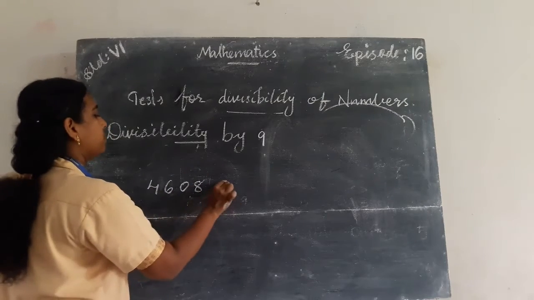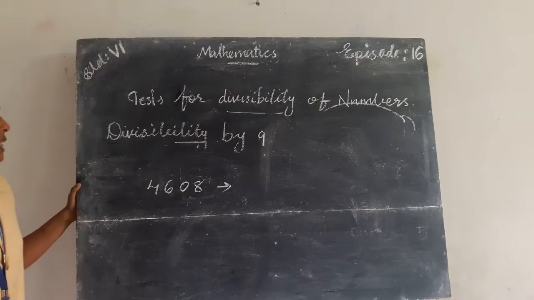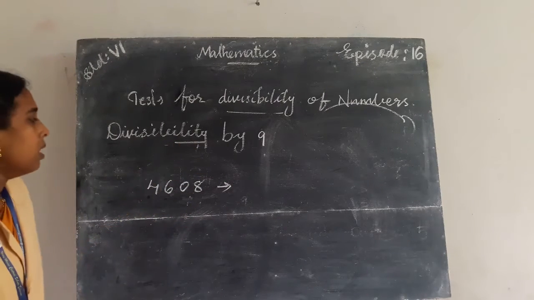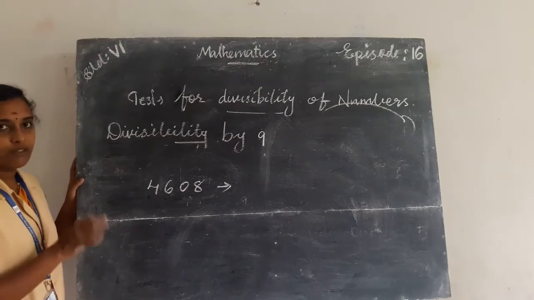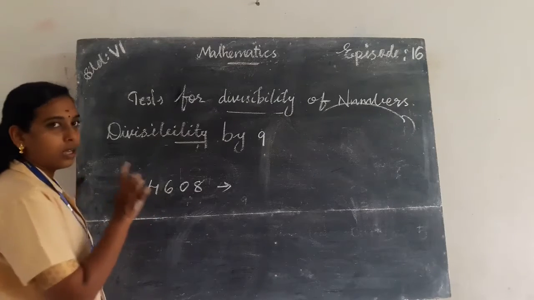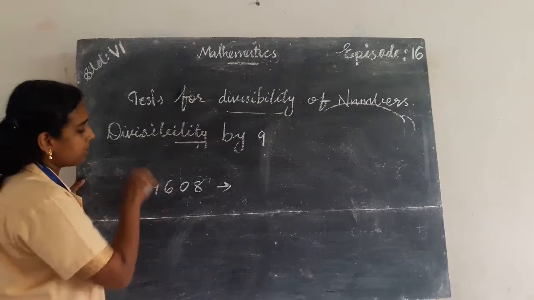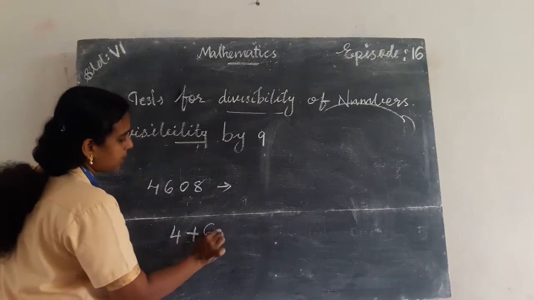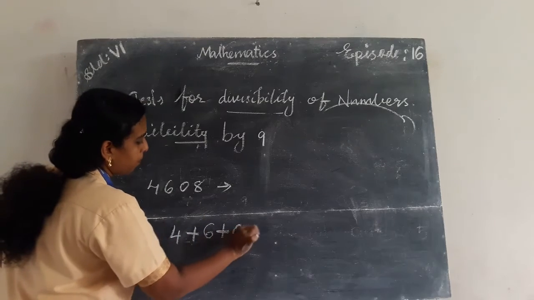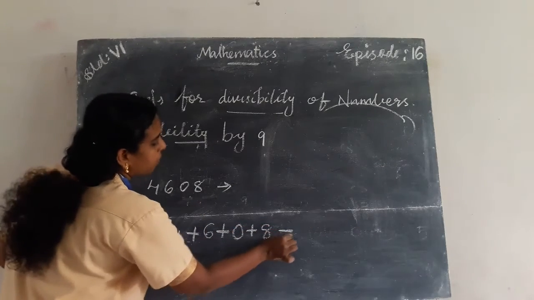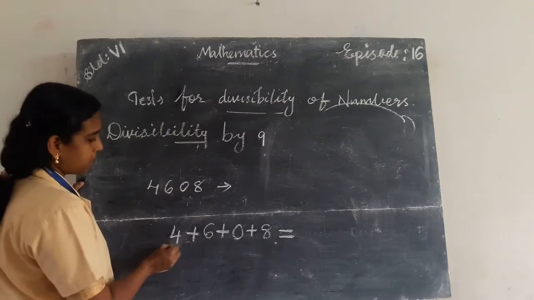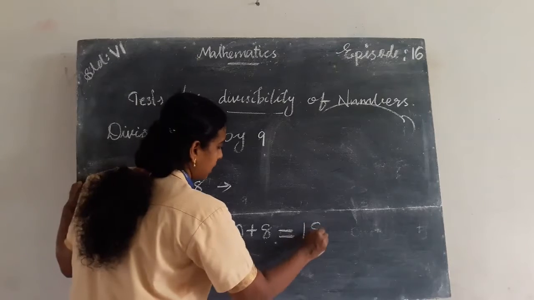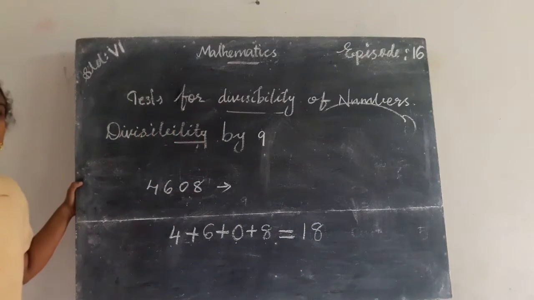4,608. To check if 4,608 is divisible by 9 or not, first we take the sum of the digits of the given number. Here the digits are 4 plus 6 plus 0 plus 8. So, find the sum. 6 plus 4, 10. 10 plus 0, 10. Then 10 plus 8, 18. So, we get the sum 18. Okay.